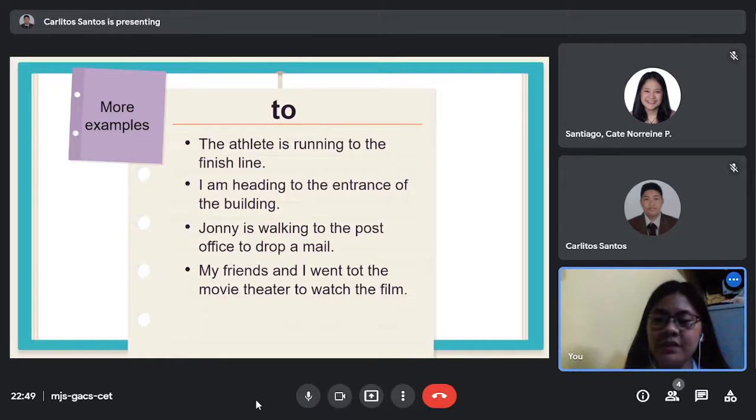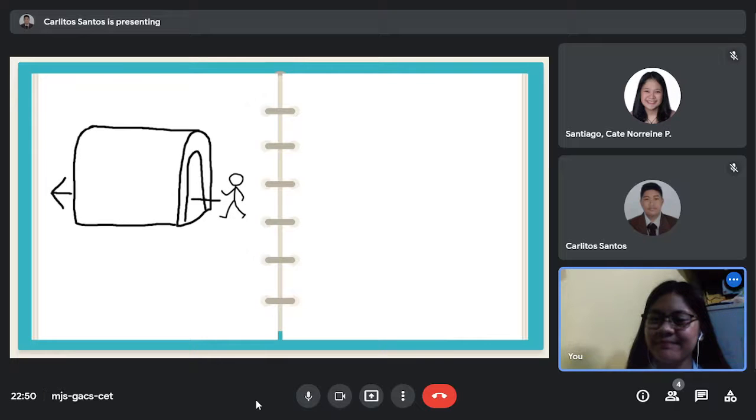Number 3, Johnny is walking to the post office to drop a mail. And lastly, my friends and I went to the movie theater to watch the film. Again, the meaning of to is the movement towards something or in the direction of it. And let's also have the next sample pictures. Let's have the next slide.